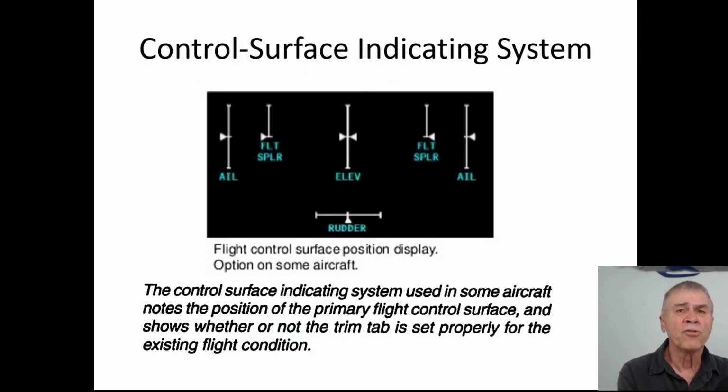All right, enough about takeoff configuration. How about control surface indicating system? Now this is a rarity also, but I guess some aircraft might have something like this, where you can actually look at where your ailerons are located, your left and your right. Your what's that? A spoiler?